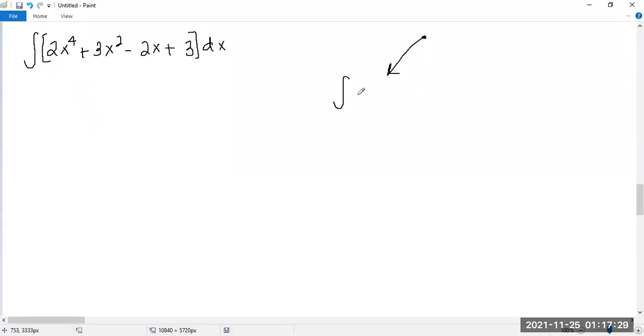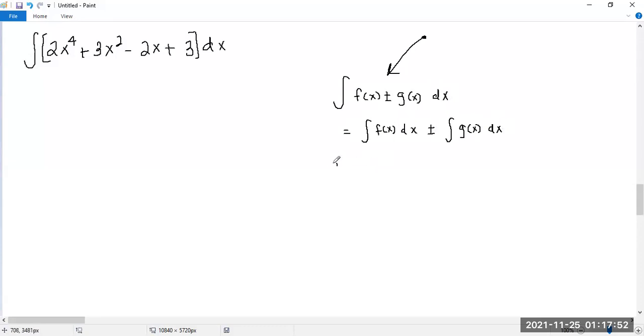of, let's say, two functions, f of x plus or minus g of x, it doesn't matter, then this is the same thing as just taking the antiderivative of f of x and then just adding or subtracting whatever you were doing by g of x.